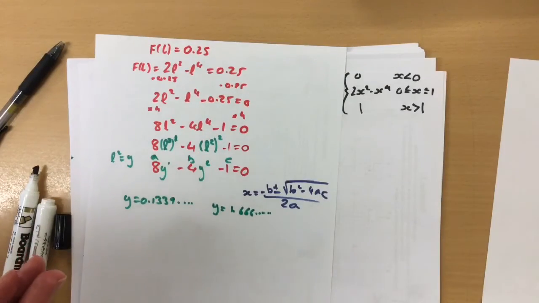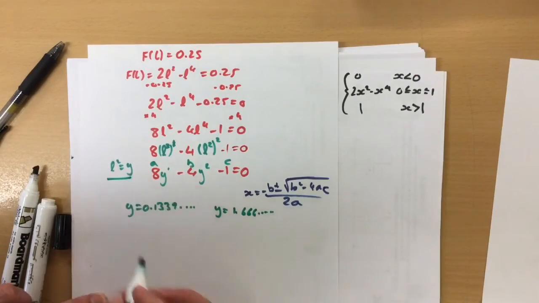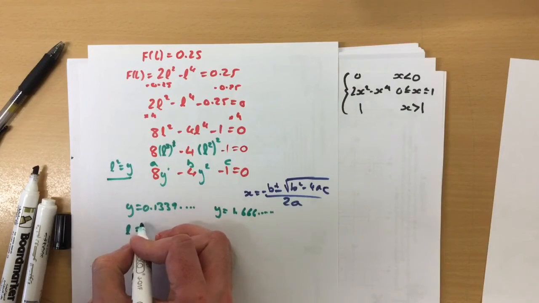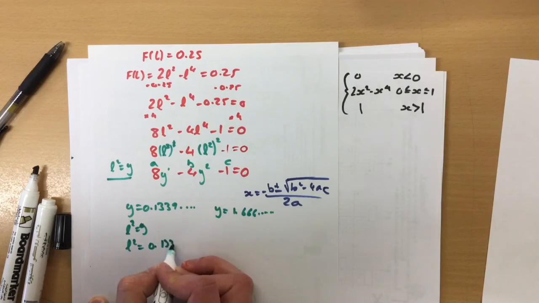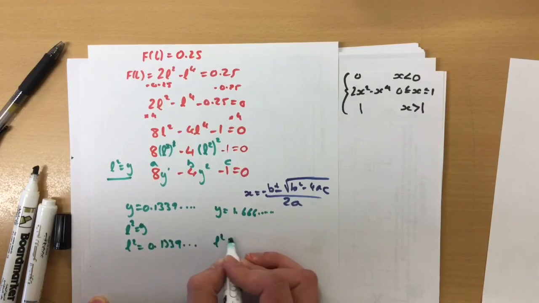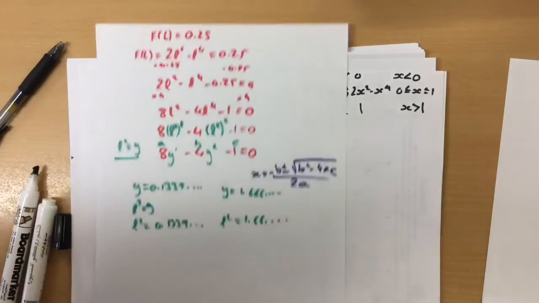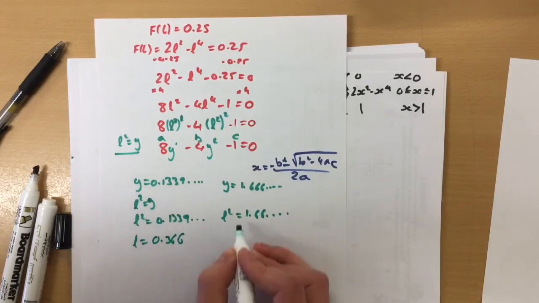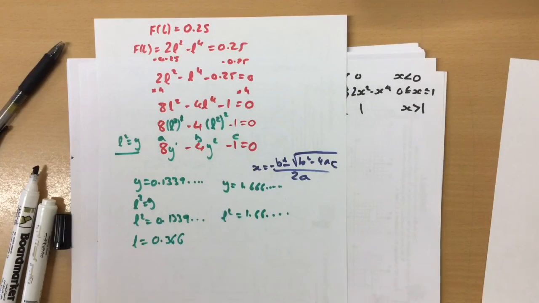Now, bearing in mind, we're not after y, we're after our lower quartile L. So L squared is y, so L squared is 0.1339, etc. And L squared is 1.666, and so on. So you're going to square root both sides. And you square root this, you still get a solution that is bigger than 1.